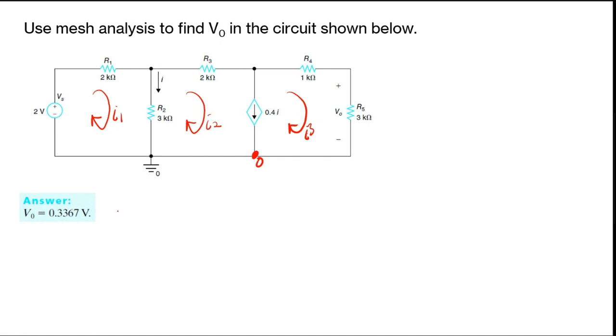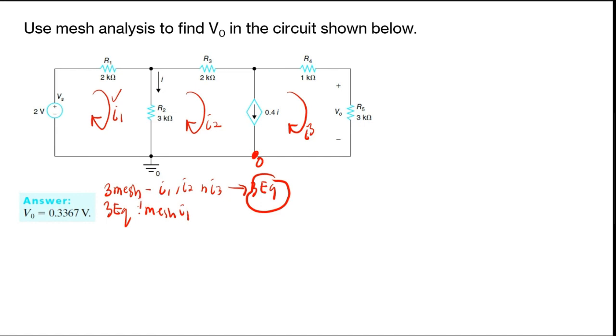Okay, here. So that means you have 3 meshes, where you have I1, I2, and I3. So that means you need to get 3 equations. Okay, so where do these 3 equations come from? The first one is coming from this mesh I1.